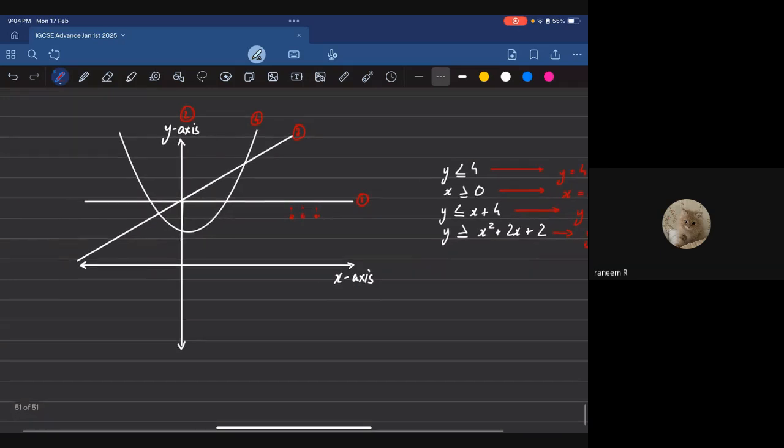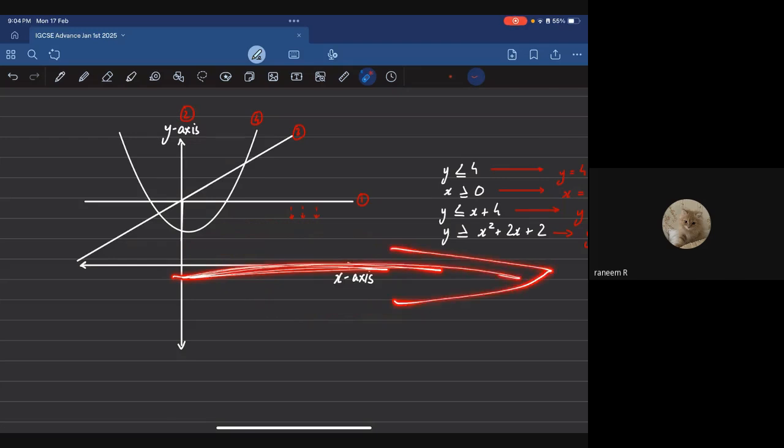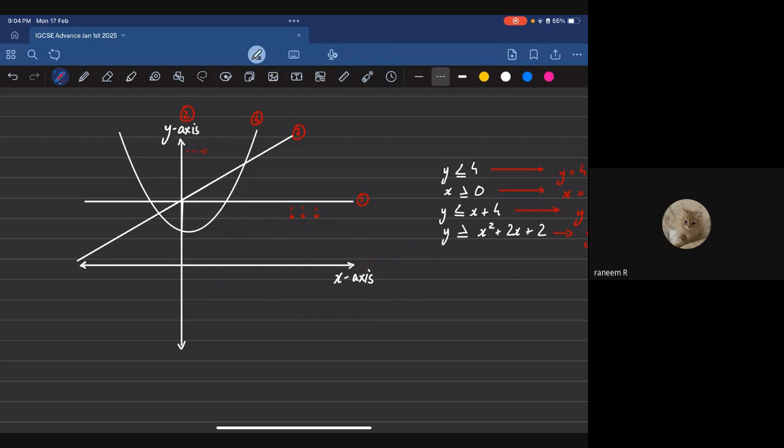This might be a bit confusing because there is no y over here, but common sense, guys. If x is greater than 0, that means x is a positive number, and all x greater than 0s are on the right-hand side of the y-axis. So I'm going to have to shade to the right of this line. So currently it's below this line and to the right of this line.